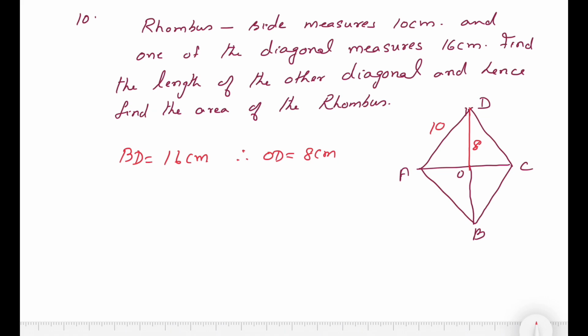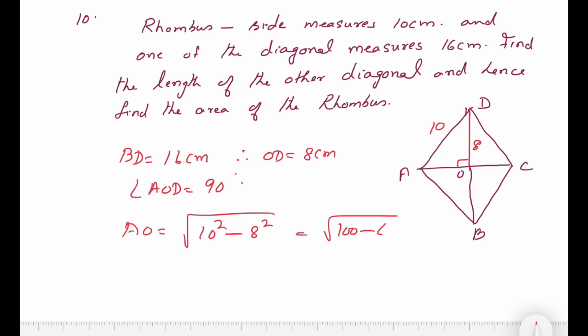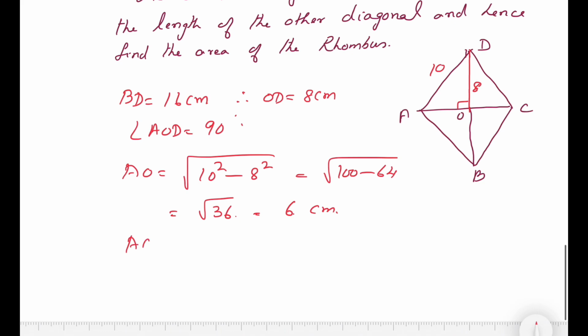In a rhombus the diagonals bisect at right angles. Angle AOD is equal to 90 degrees. So using Pythagoras, AO is equal to root of 10 squared minus 8 squared, so 100 minus 64 is equal to 36, root is 6. So AC will be equal to twice AO, equal to 2 into 6, which is 12 centimeters.